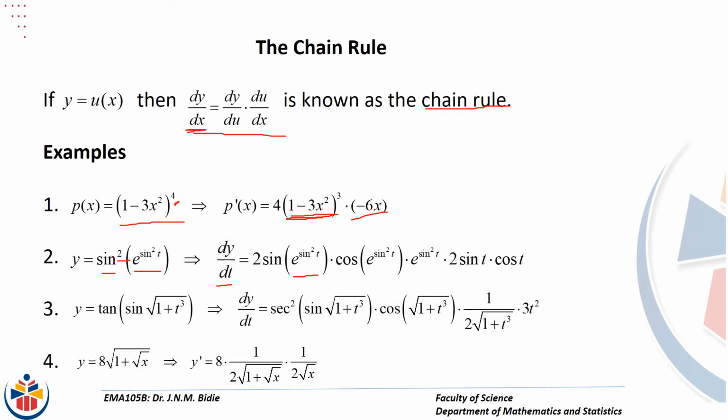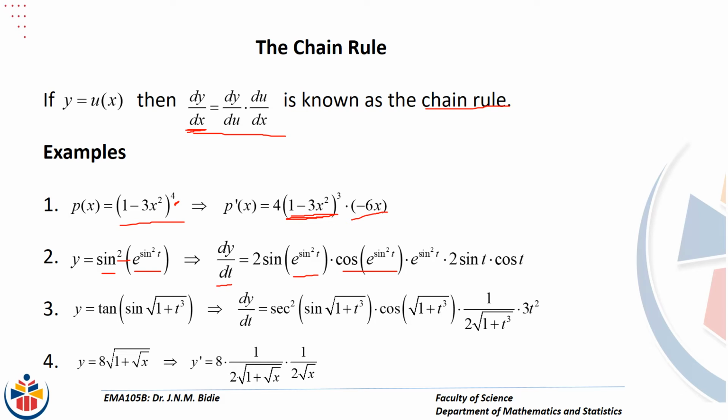So the first thing we did was to differentiate the power 2 of sine squared. And then the next thing we're supposed to differentiate is sine, and we know the derivative of sine is cos. Note that you always take down the argument of the trig function multiplied by the derivative of the argument.